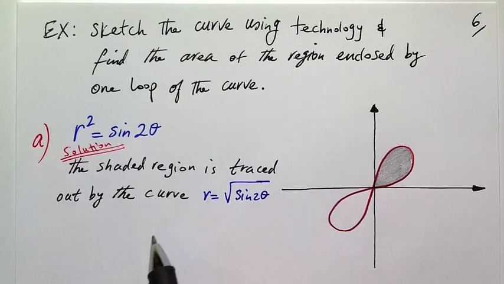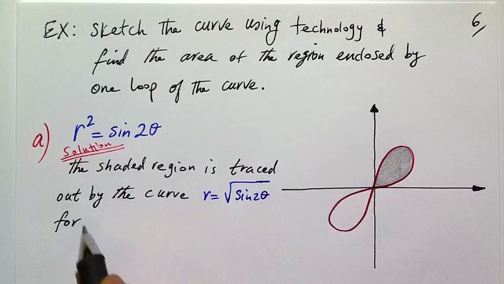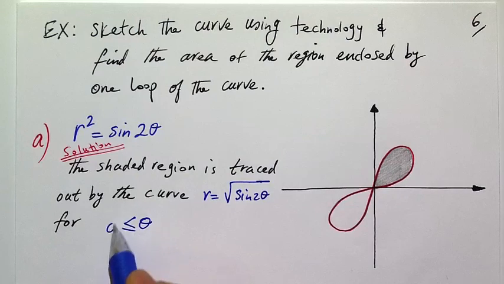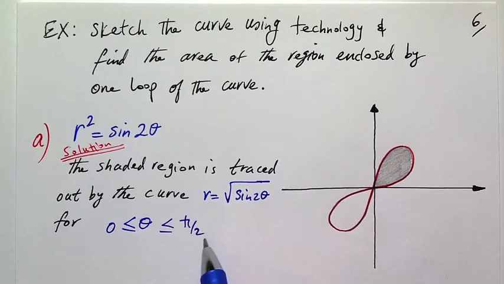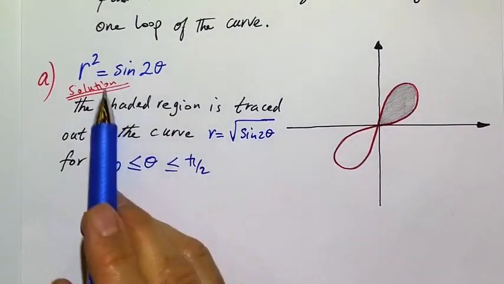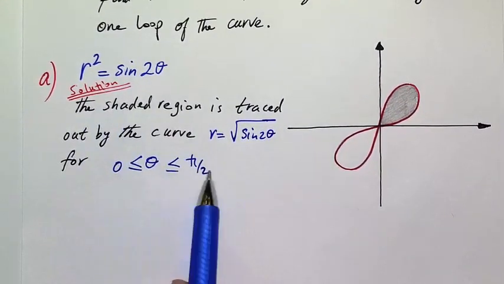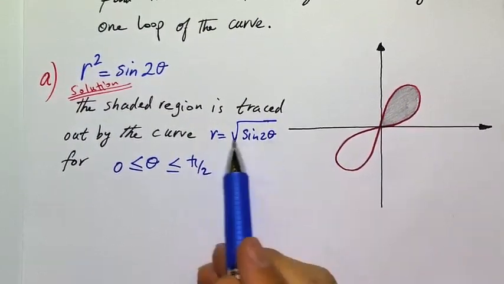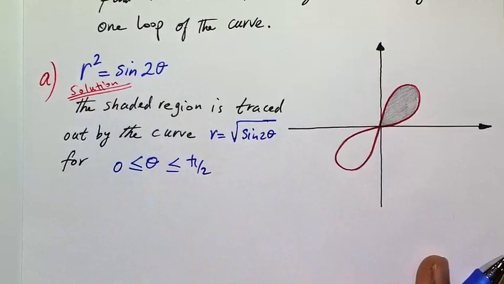And then this will happen for theta going from 0 to pi over 2. So experiment with this with different theta values on Desmos.com. Okay, so from 0 to pi over 2, it should give you just that piece, or trace this. This is the same thing as that.